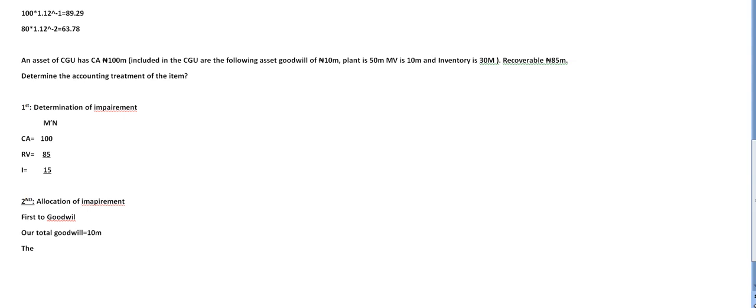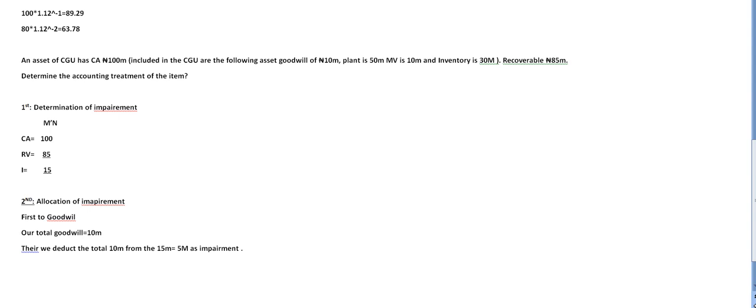Therefore, we need to deduct the 10 million from the 15 million. Deduct the total 10 million from the 15. So we have 5 million as our impairment balance.